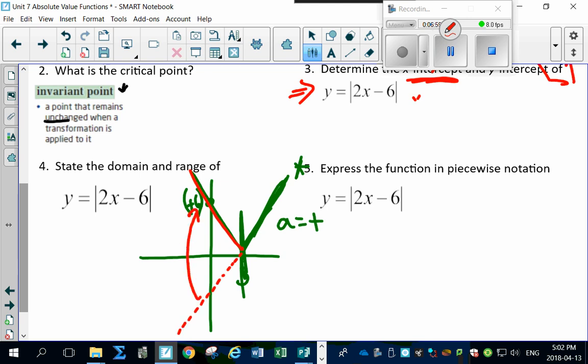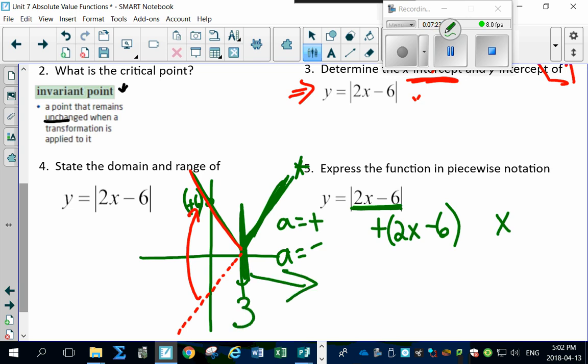So, okay, wait a second. How do I write that in terms of piecewise notation? Remember, you're dealing with an a value that was positive, you're dealing with an a value that was negative. Simple. Take this graph. The positive version of 2x minus 6 happened when x was, think about it, there's that value of 3. When it was greater than or equal to 3, this graph was normal.